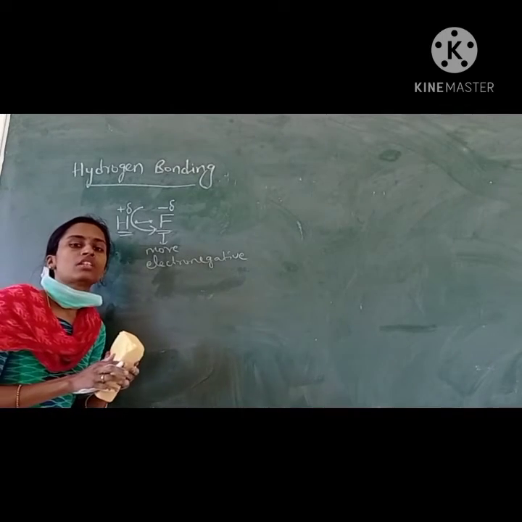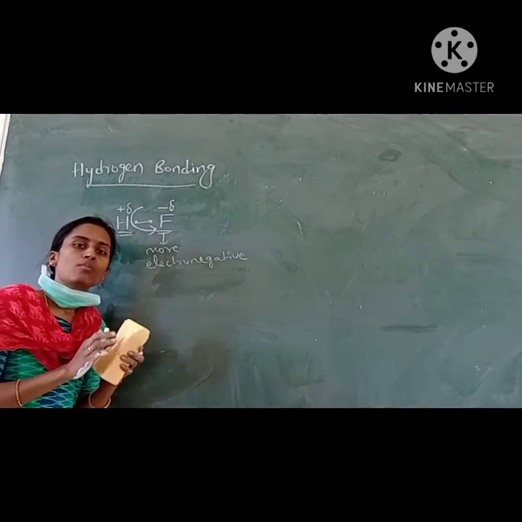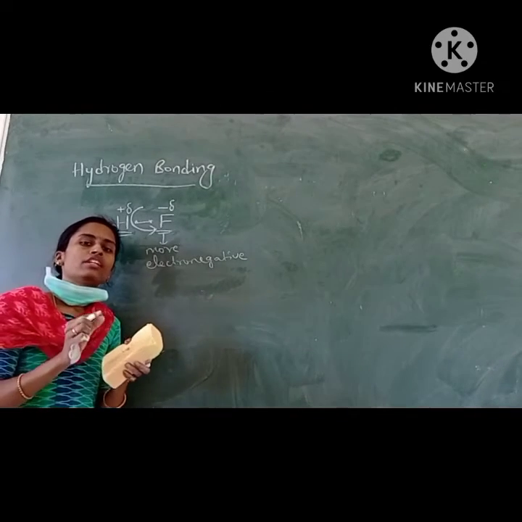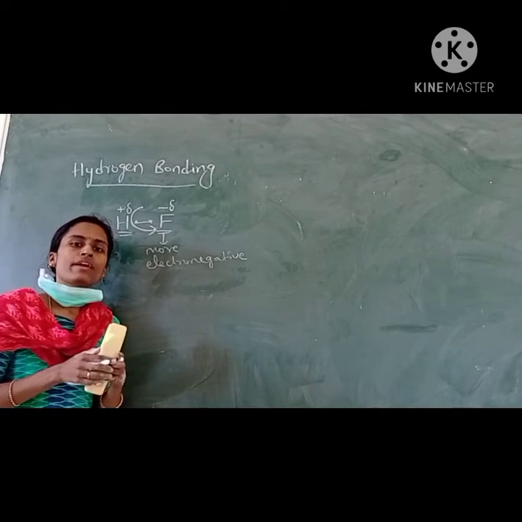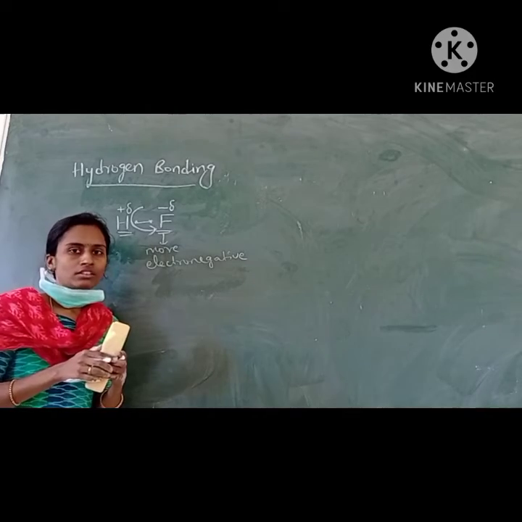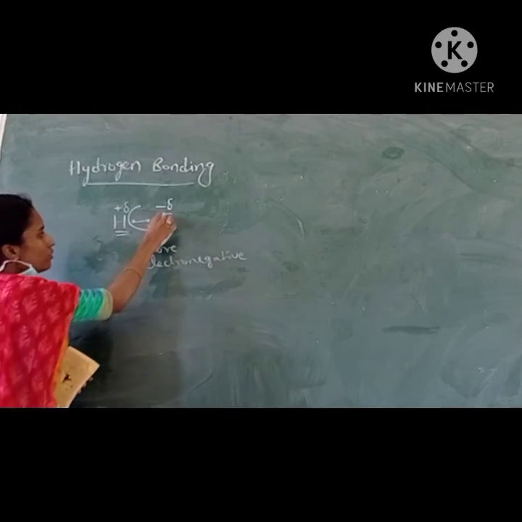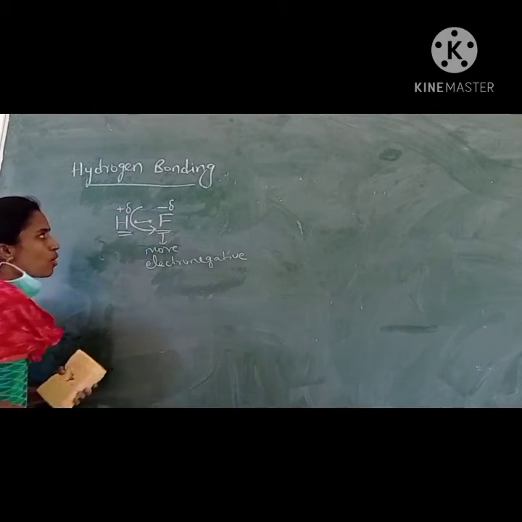Complete transfer occurs only in the ionic bond, where one becomes a cation and the other an anion. Here it is not a complete transfer, so fluorine gets partial negative and hydrogen partial positive.